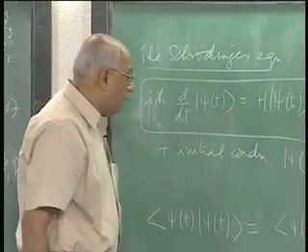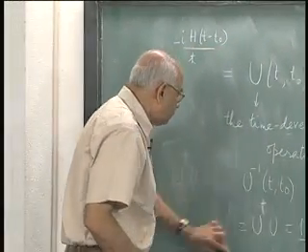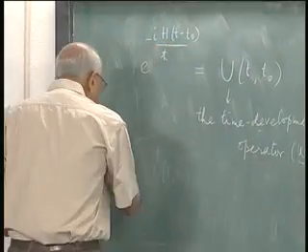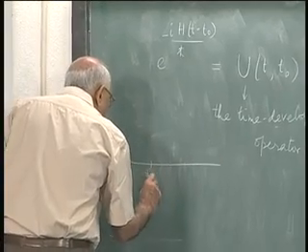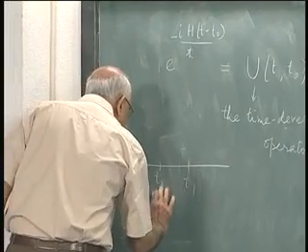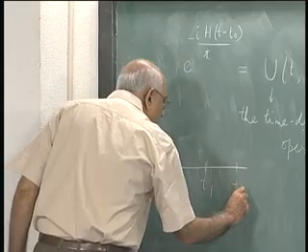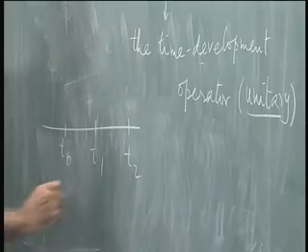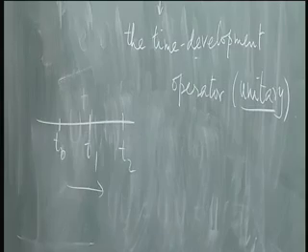Okay. This operator has the following property. In time, suppose this is the instant t0, this is the instant t1 and this is the instant t2, as time elapses in this direction.